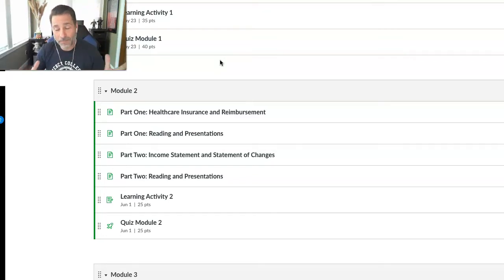hopefully you have, but if you haven't heard about it, the college is moving to 15-week semesters. And that transition starts this summer. For some of you that are new, maybe you just started your programs this summer, you probably don't know what that means.